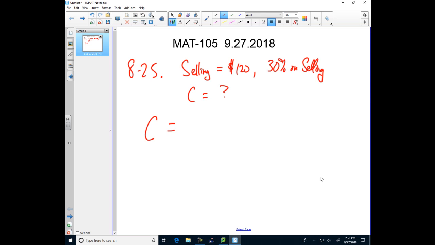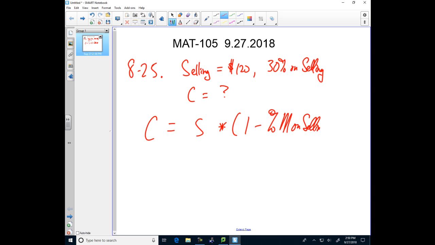It says cost equals S times the quantity 1 minus the percent markup on selling.